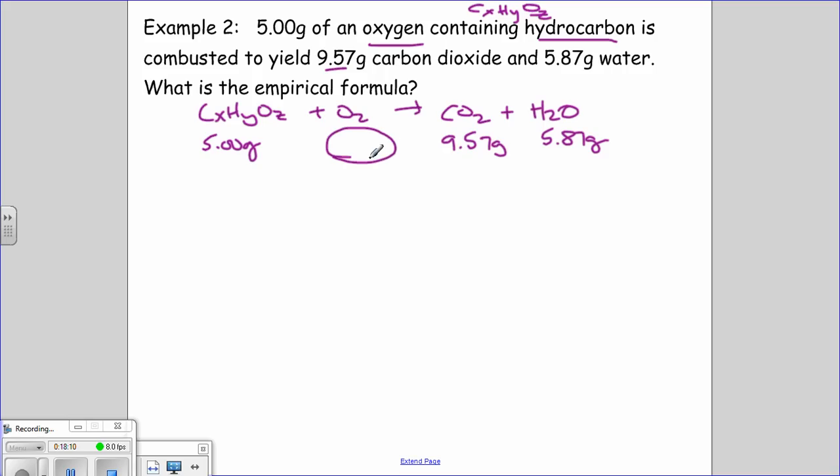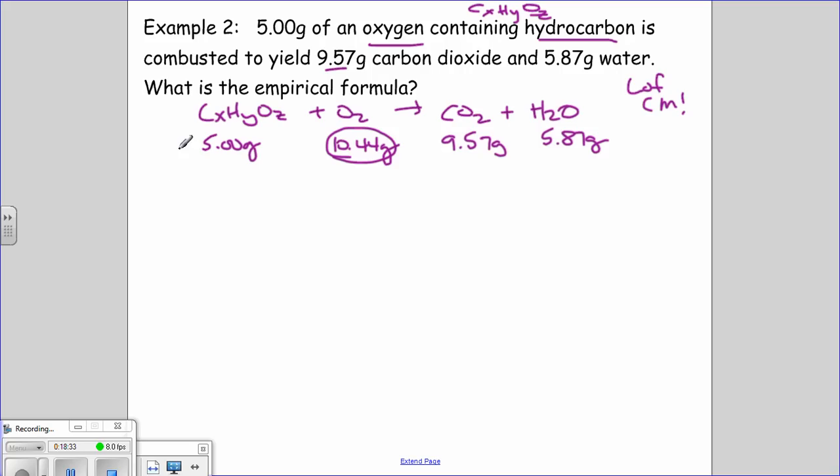This right here, I can actually attain. I should know how many grams we have here because of the law of conservation of mass. Whatever I have on the product side, gram-wise, I should have reacting on the reactant side. So when I do the math, I get oxygen is 10.44 grams. We'll use that shortly.